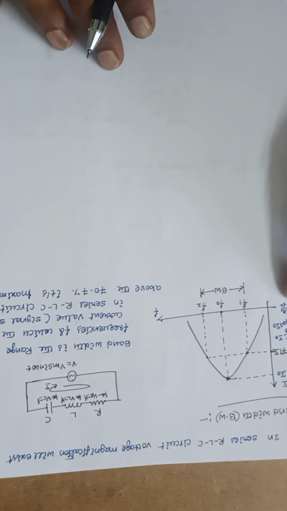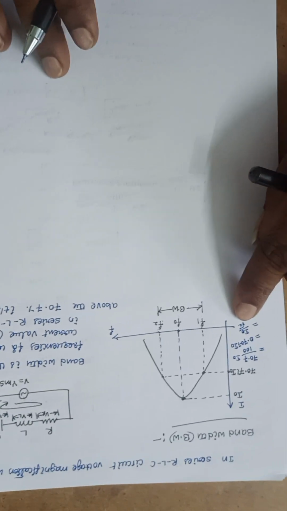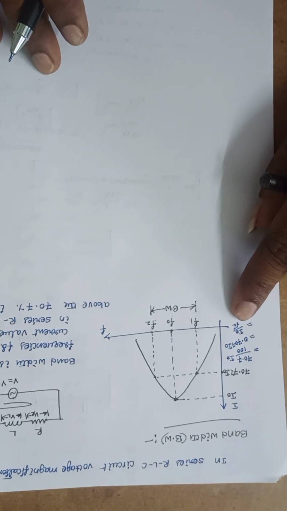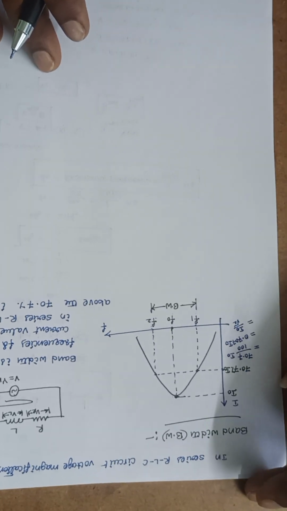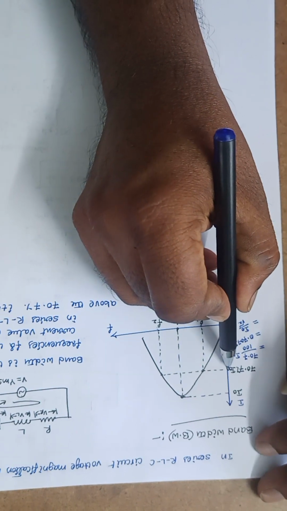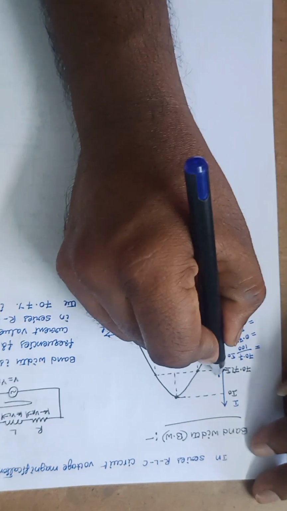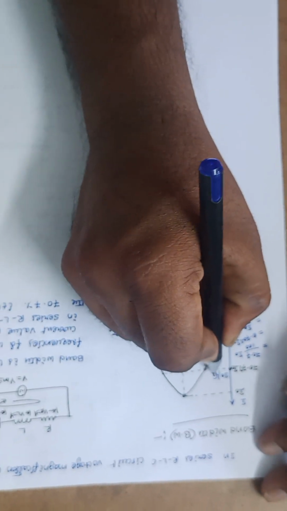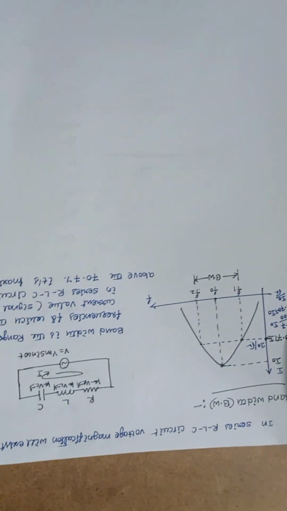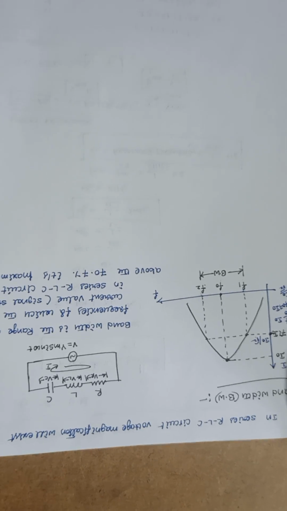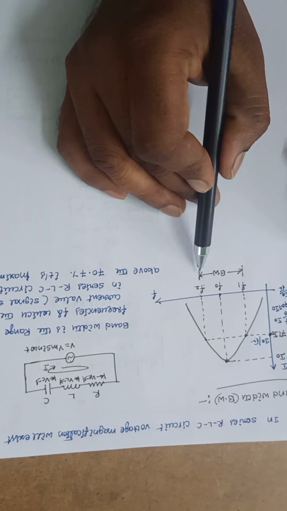If you calculate the value of 1 by root 2, you'll get 0.707. That means this point is I naught by root 2, and this is I naught. Now my intention is to find this bandwidth.